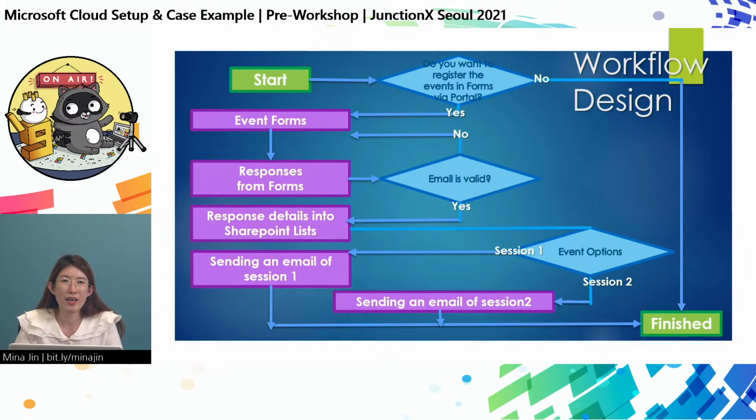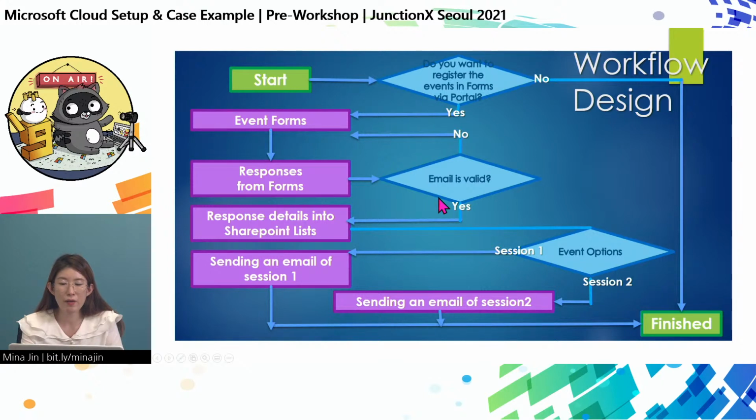So in the workflow, you're going to be asked a question at the start: do you want to register for the events in the forms via the portal? If yes, it leads you to the event registration form. After getting the responses from the form, the email address that the participant submitted is checked to see if it is valid or not.